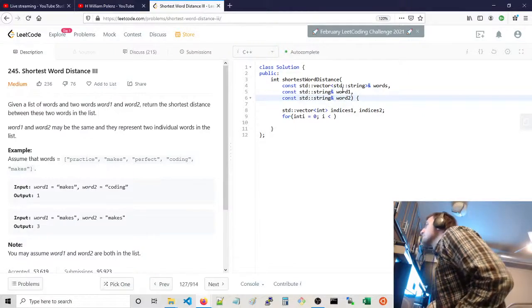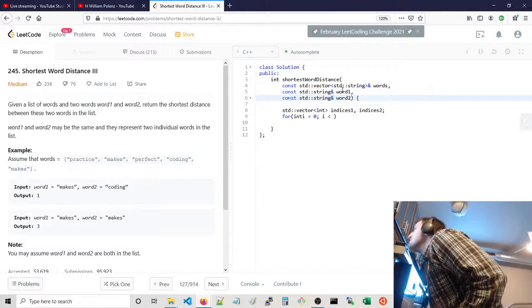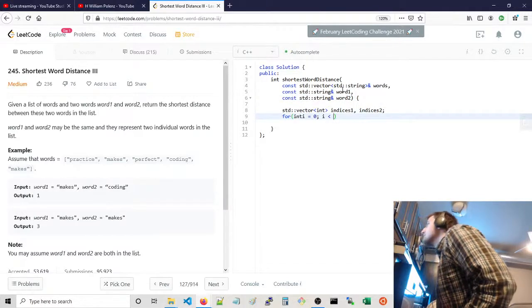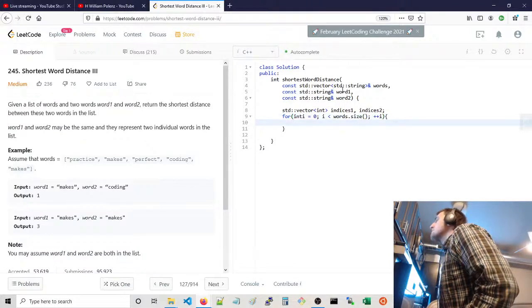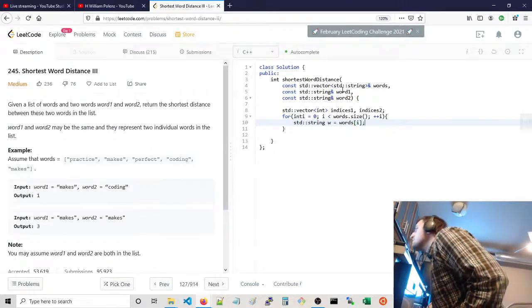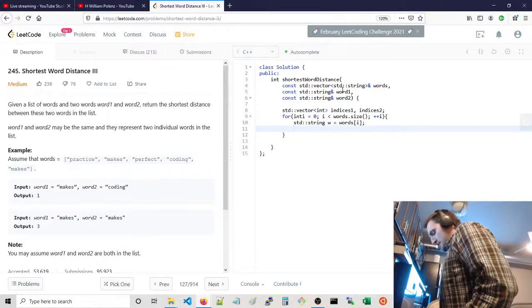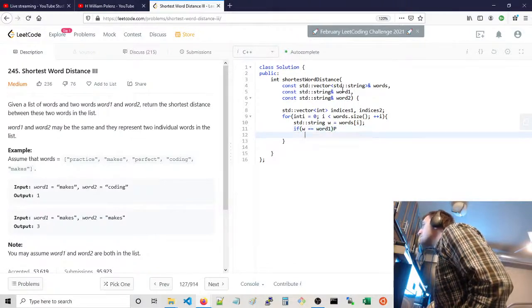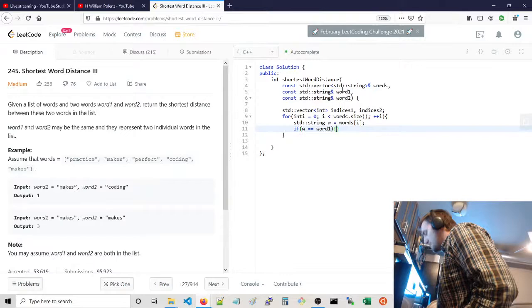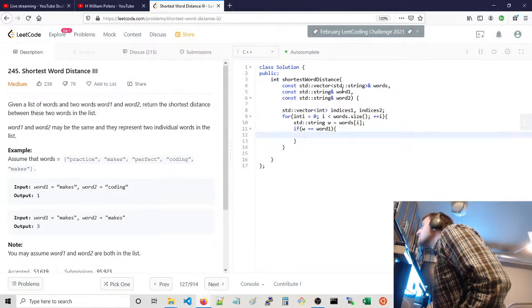Hopefully I can do this without looking. String w equals words of i. Say if w equals word 1, and we say edge case.